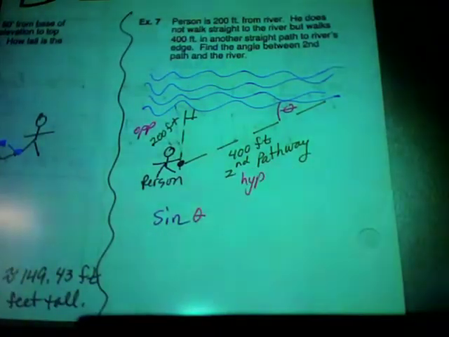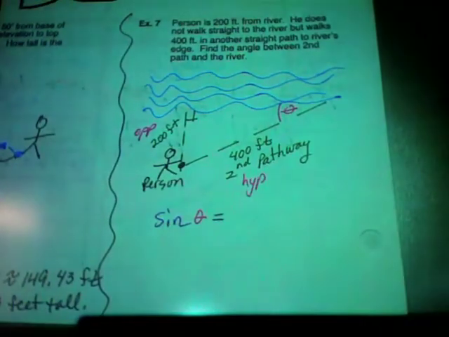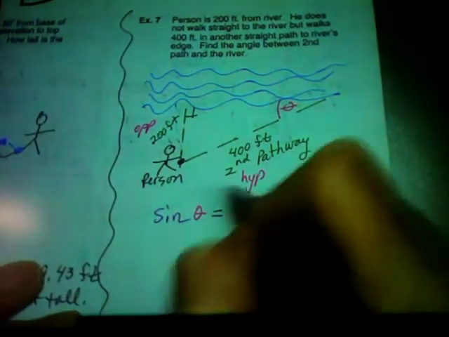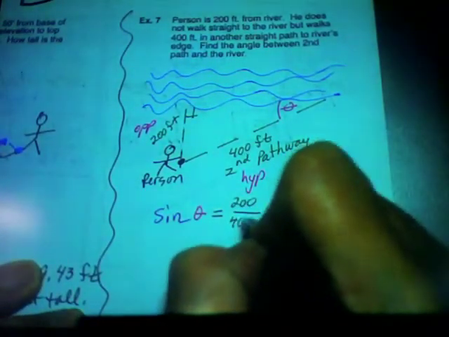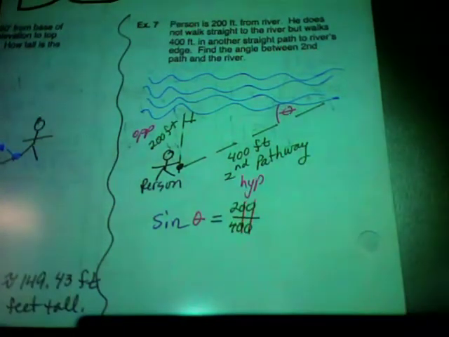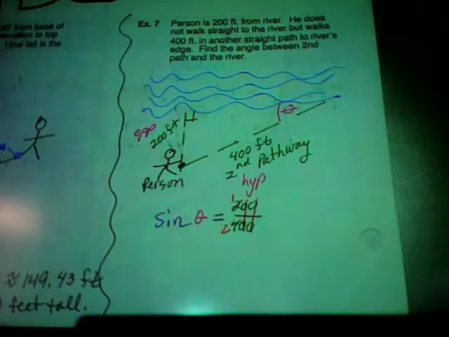So this is why it's important to put in theta. Don't skip it. And then what over what? So 200 over 400. Can't I immediately cancel those out? Isn't this really 1 over 2, and if you've been memorizing things, you should know what theta is at this point, because the sine of what degree is 1/2.